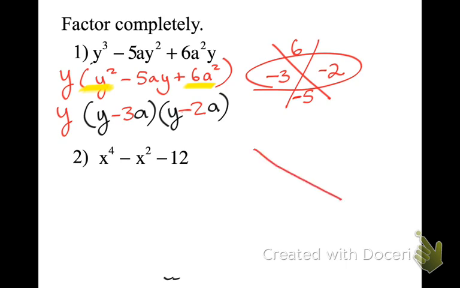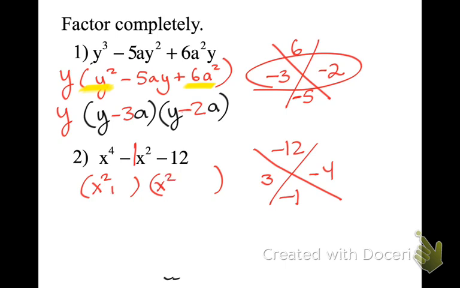Does that make sense how you place those two variables? Okay, last one. What multiplies to negative 12 and adds to negative 1? Don't all volunteer at once. Negative 4, positive 3. So when I factor, what's the root of x to the fourth? x squared.